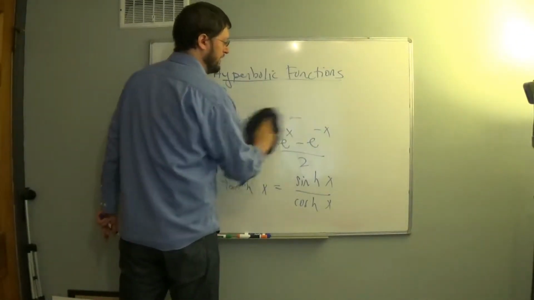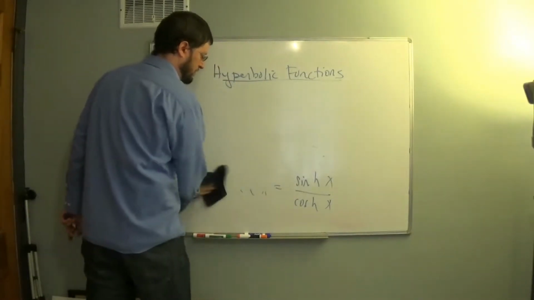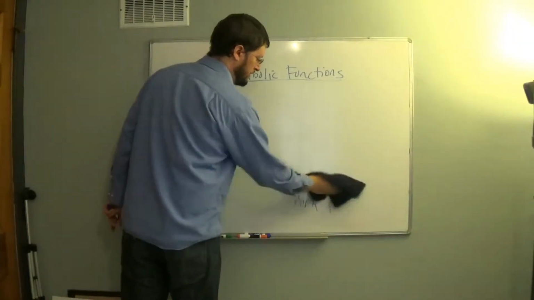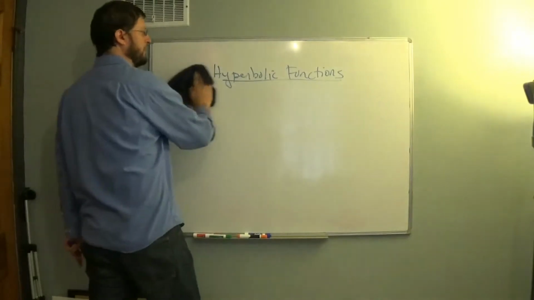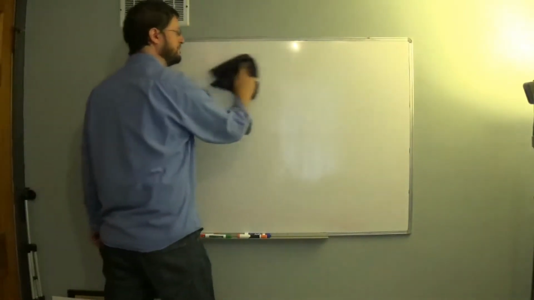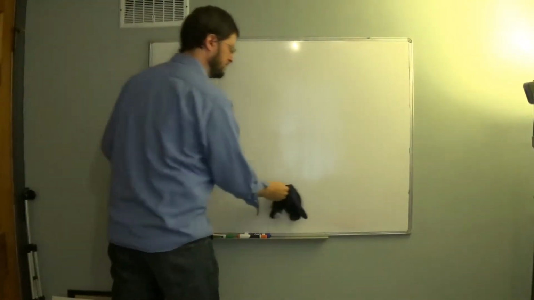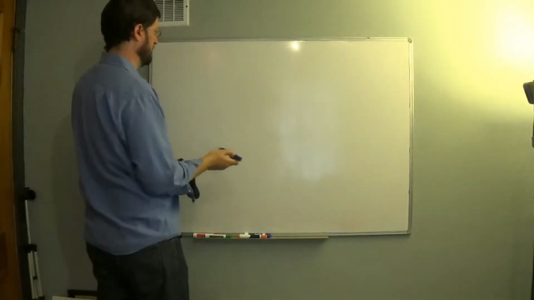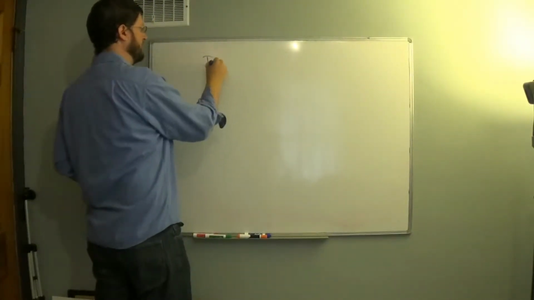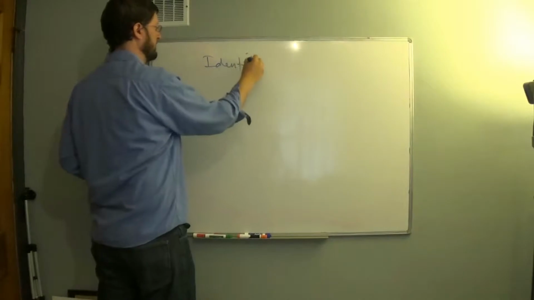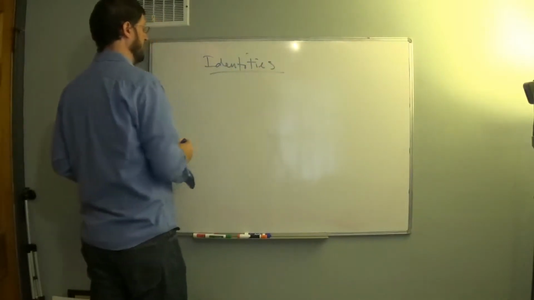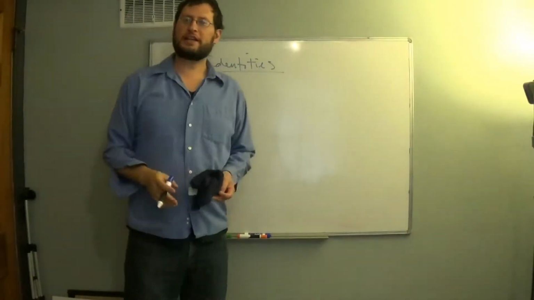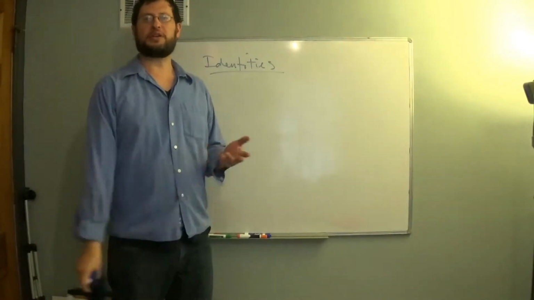When we do that, a lot of things behave just as if we were in trigonometric functions. Some things are a little bit different. So, some identities. Our favorite trig identity is x squared plus y squared equals 1.